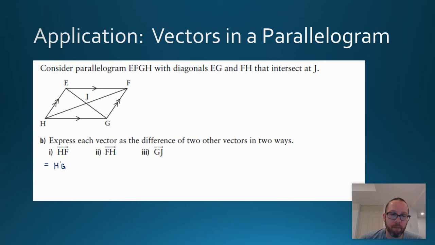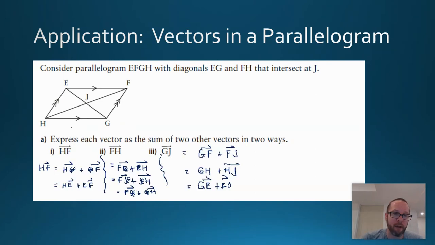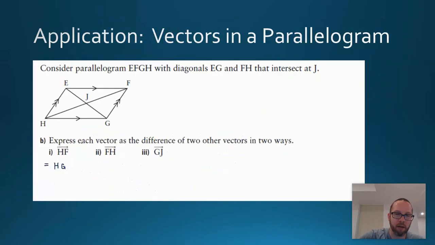And you can kind of cheese these too, because you already have HG plus GF, right? Well, how can I write adding GF as vector subtraction? I know the opposite of GF is just FG. So if I did HG and instead of plus GF subtracted FG, then that would work, right?